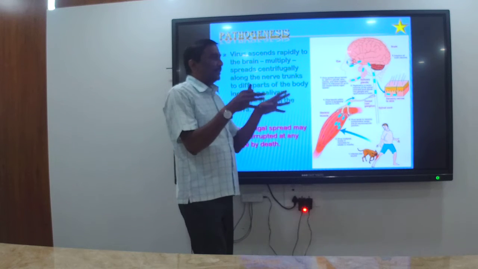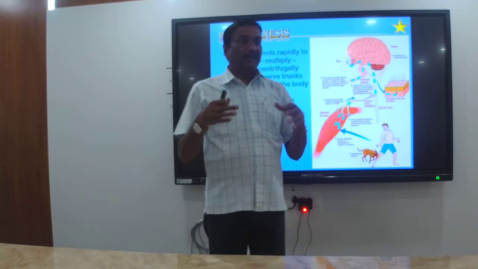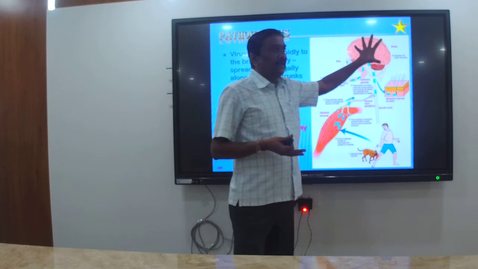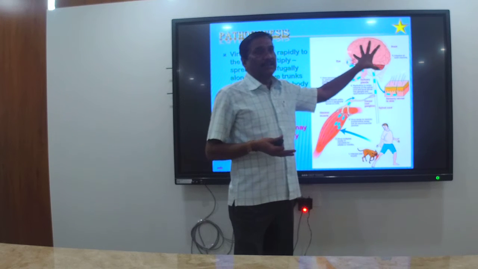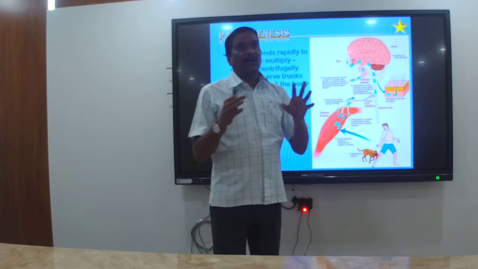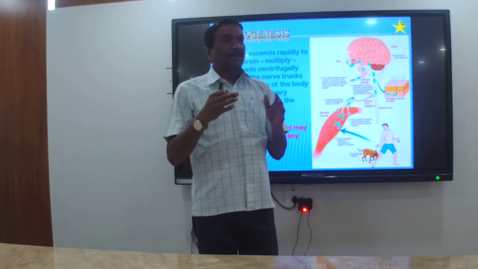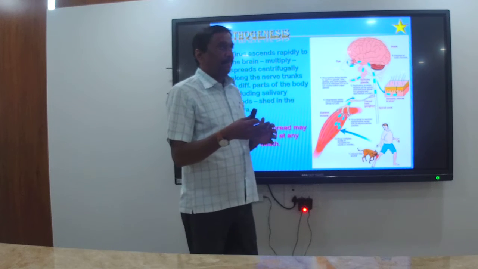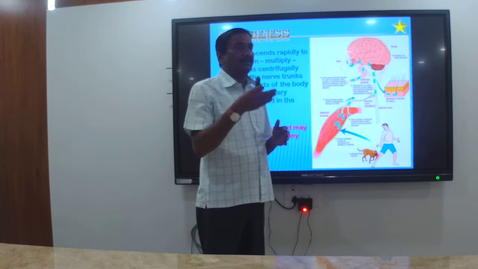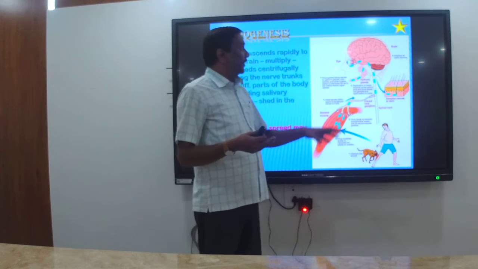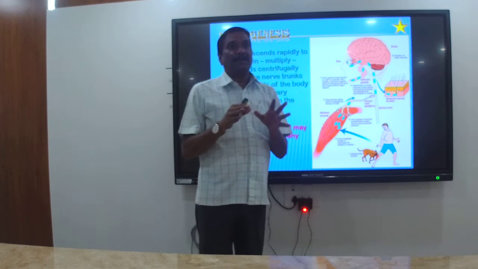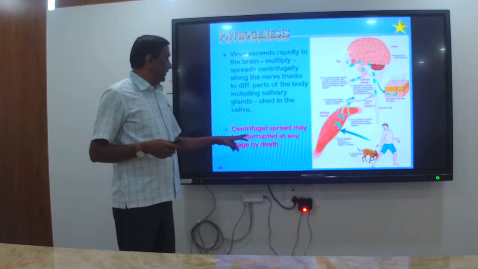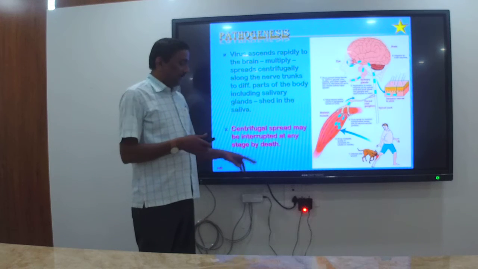Now this centrifugal spread may be interrupted with the death of the patient at any stage, because the brain is completely involved and each function of the brain is completely lost, because of which the typical features of madness may be seen in the host. That is the important characteristic feature which we are supposed to record in the patient, where the brain loses its complete functionality. Centrifugal spread may be interrupted at any stage by death.